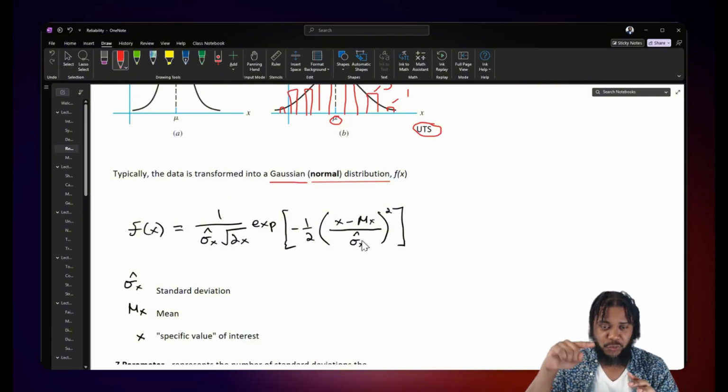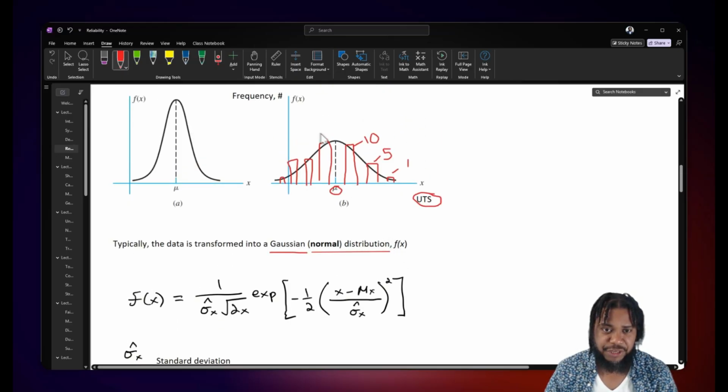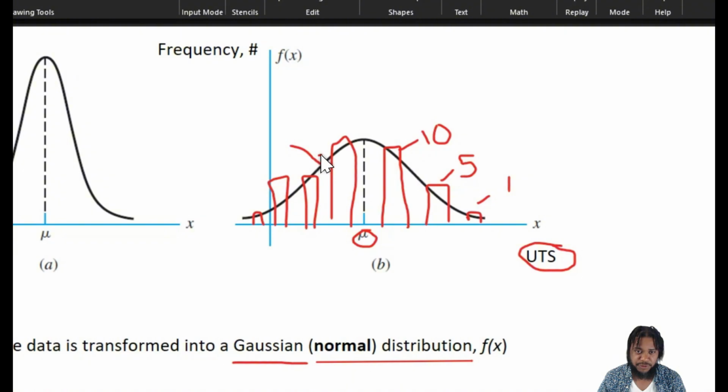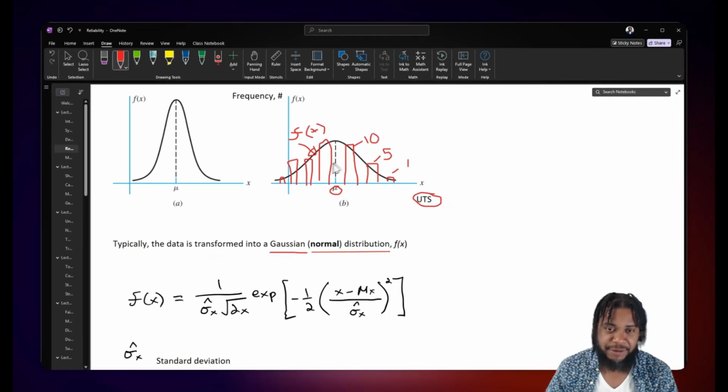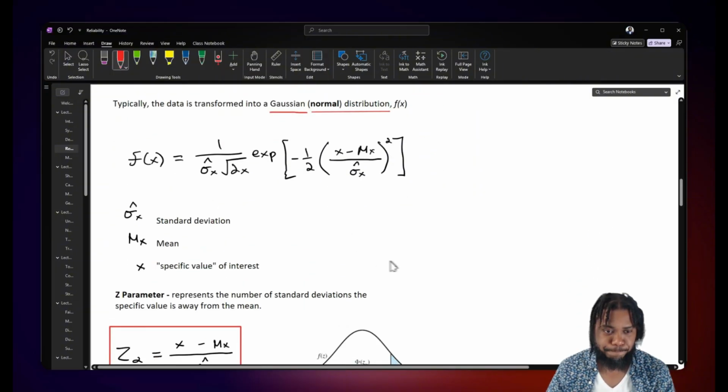This function gives us that smooth equation that represents our actual frequency data, the number of samples that we have under each value of UTS that we find, right?